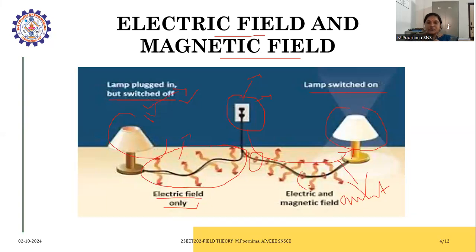We already have an electric field, and the magnetic field is produced when the supply is on and the flow of electrons is allowed. Here we have only an electric field, and here we have both electric and magnetic fields. This is the major difference between electric and magnetic field.